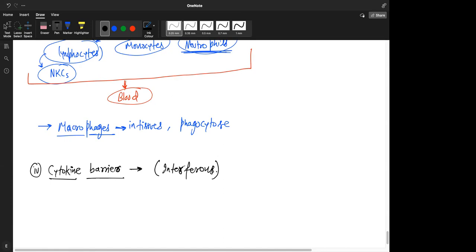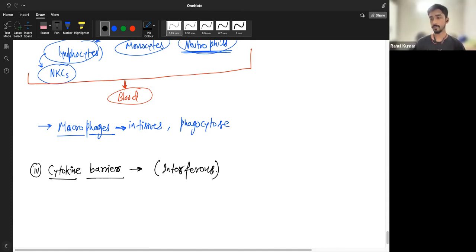So this cell starts secreting these interferons, and these are proteins which signal the non-infected cells to prevent the infection from spreading further, and it works in many cases.